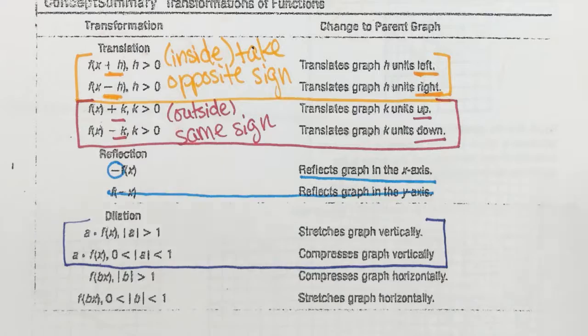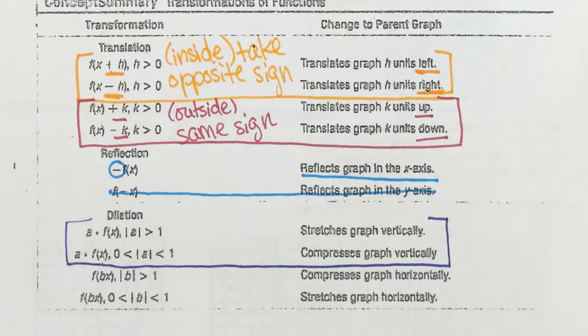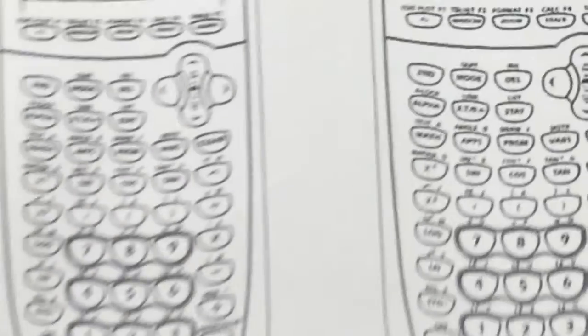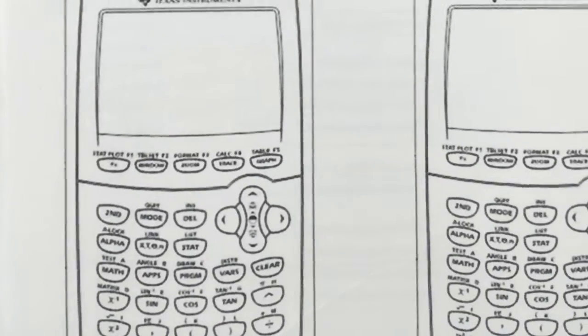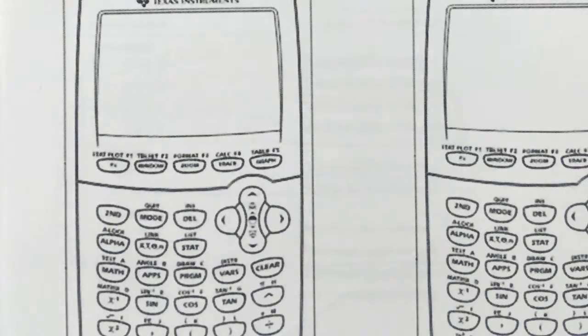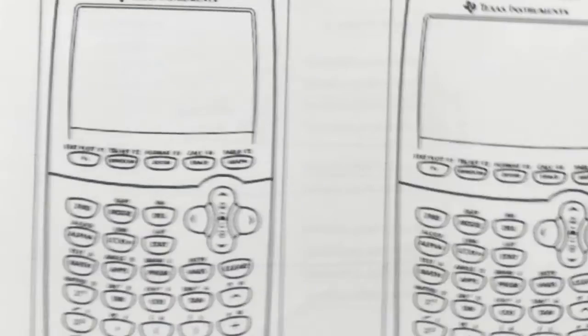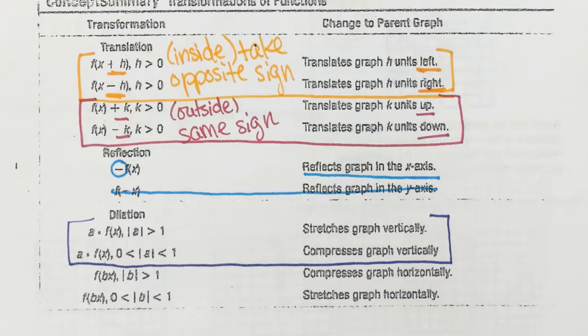All right, so you got your graphing calculators? So here's what I've got for you. You don't have to have one of these, but I have these little guys printed out for you if you want to highlight the buttons that we push, so that way you can kind of have something to look back at. So does anybody want one of these? All right, come grab one if you want one real quick. I got several of them.